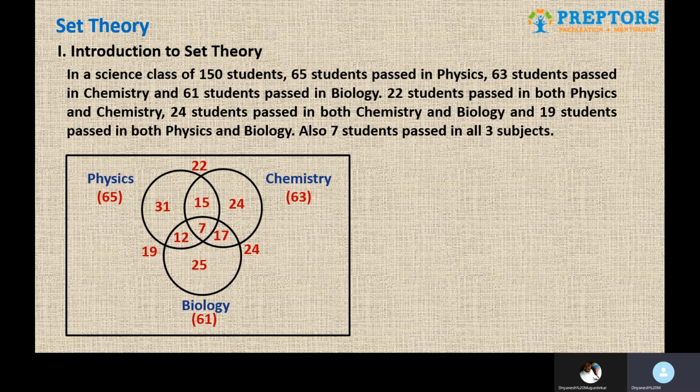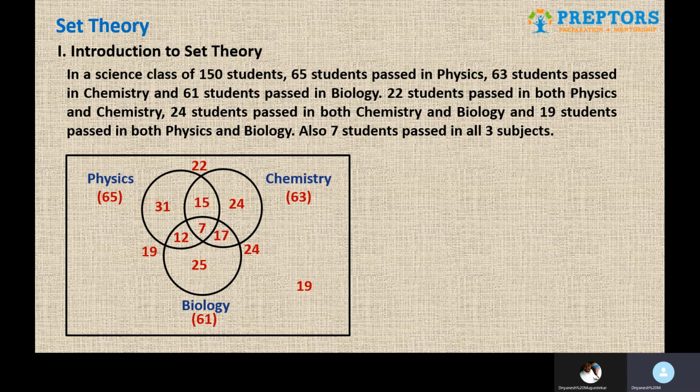Then the last part, which you should not ideally forget, is that the total has to always match up with 150. For example, all these values that we have calculated inside the circles, you should add all of them and verify whether it is 150 or not, because if it is not 150, then whatever the difference is, those are the students who have not passed in any of the 3 subjects.